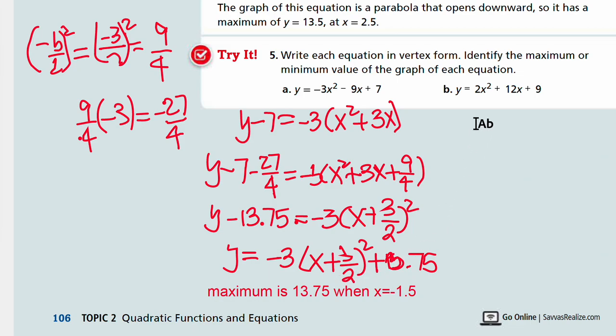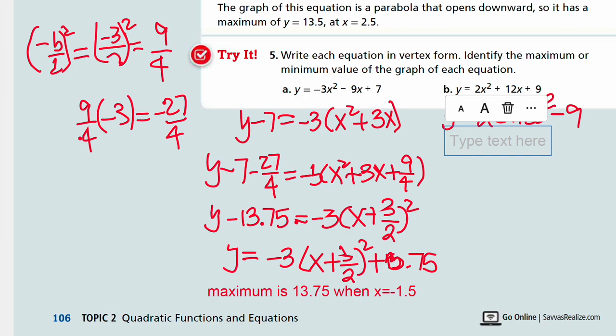So in the same way, your vertex form for part B would be y is equal to 2 times x plus 3 squared minus 9.